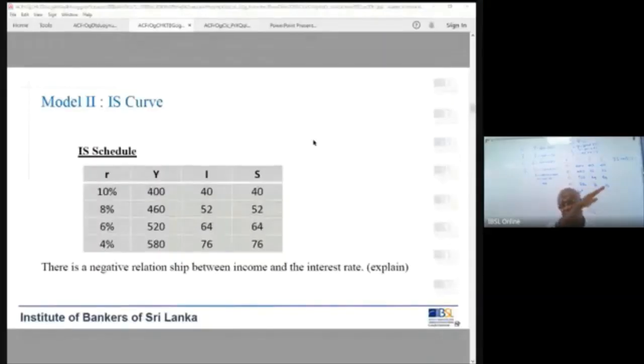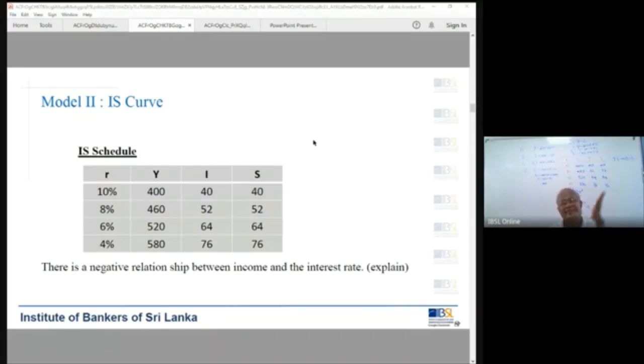When interest rate increases, income decreases. Along that IS curve, at every point, investment equals savings. Goods market is in equilibrium. Aggregate demand equals aggregate supply. Goods market in equilibrium.